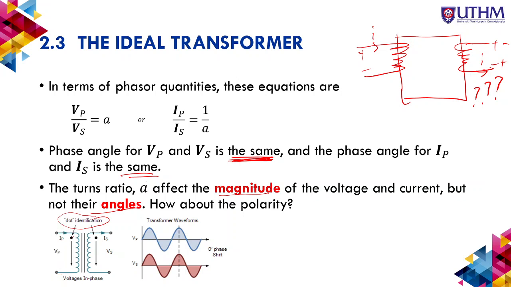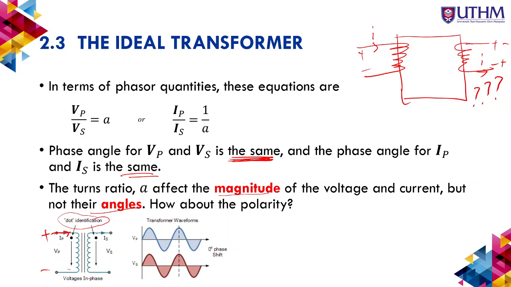So when there is a dot on the primary side, the current will flow in, and this one becomes positive, and the other side, the undotted part, becomes negative.